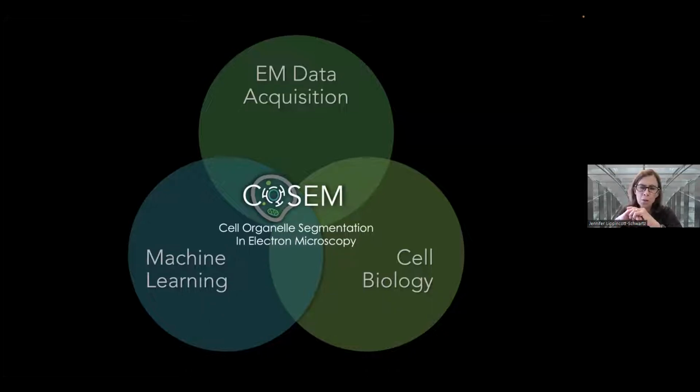So at Janelia, we've set up a team of researchers where we're acquiring the EM data using the FIB-SEM tools that I mentioned. We're then teaming with computational people who are using machine learning algorithms to try to automatically segment the organelles that we know exist within these cells.